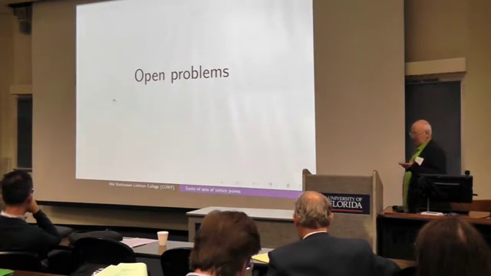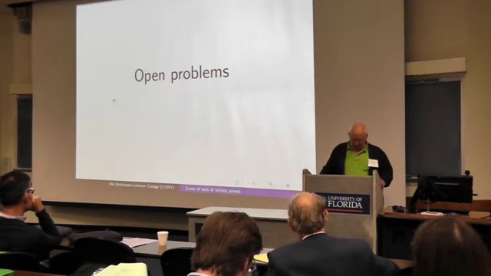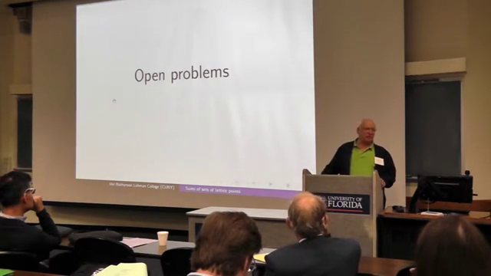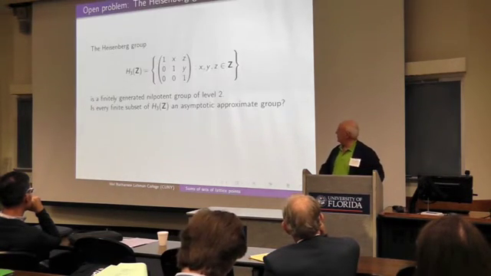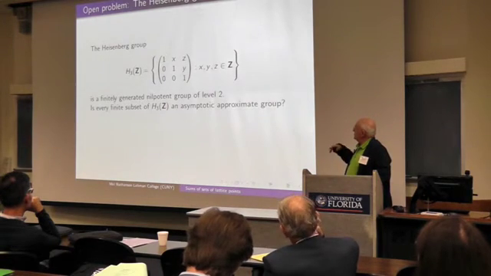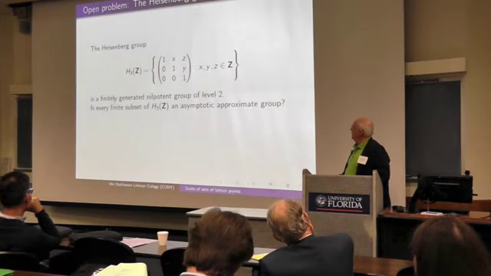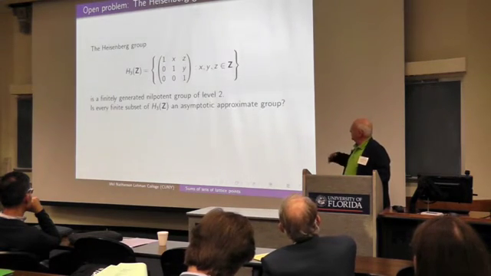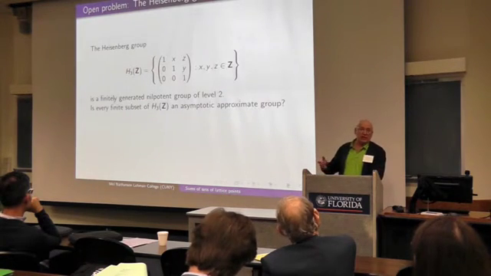Just as the free group of rank 2 is your go-to group for a counterexample, your go-to group for a nice non-abelian thing is the Heisenberg group. You look at these 3x3 matrices, with integer entries in the upper half. It's nilpotent of step 2, so it's as close to abelian as you can get if you're not abelian.